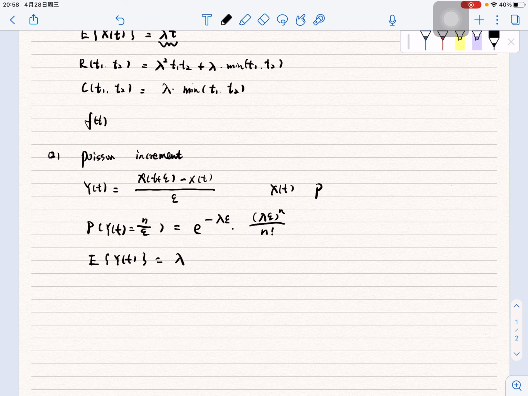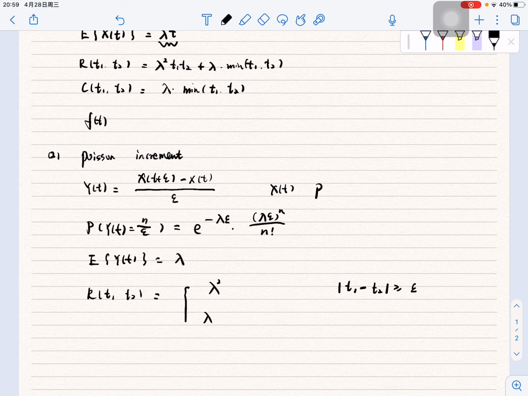The autocorrelation R(t1, t2) equals, first, lambda squared, under the condition that the absolute value of t1 minus t2 is larger than or equal to epsilon.